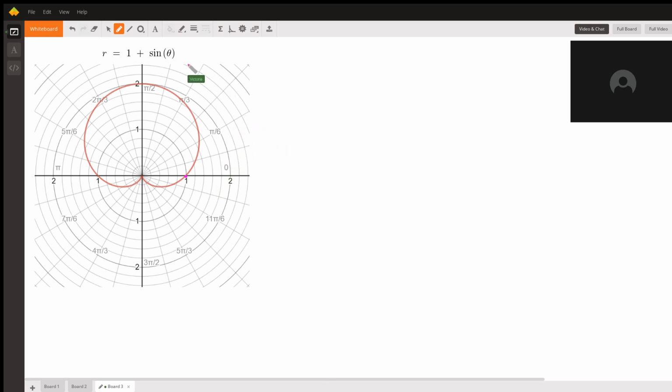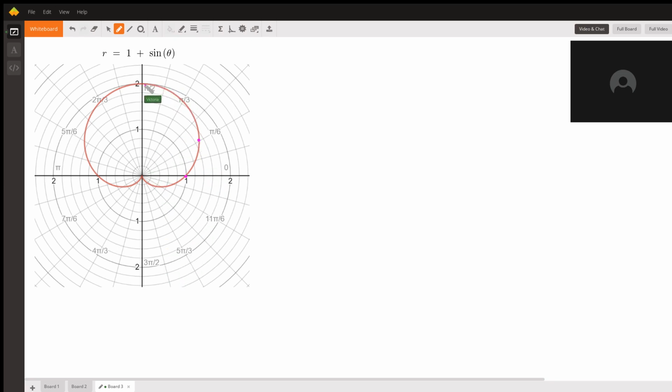When theta is, what's another easy one? When theta is pi over 6, the sine is a half, so the radius is 1.5. So here's 1 and here's 2, so 1.5 is right about here.